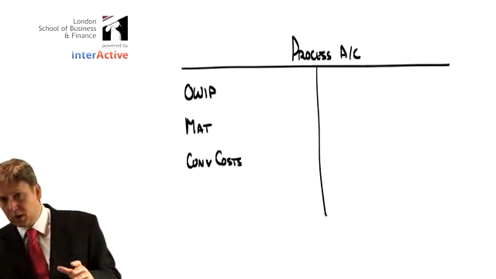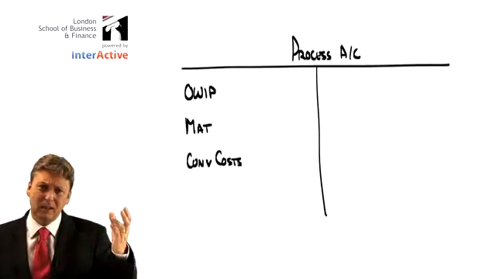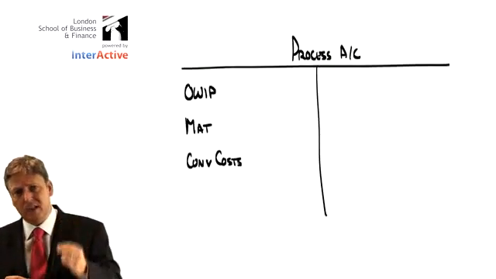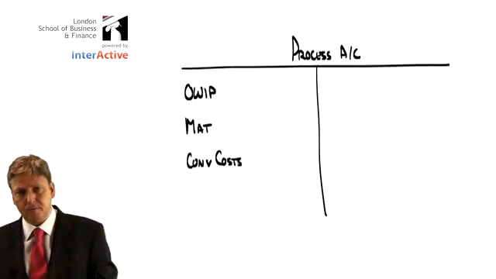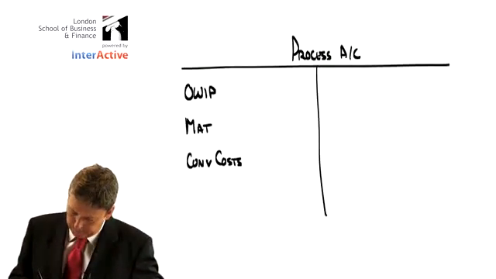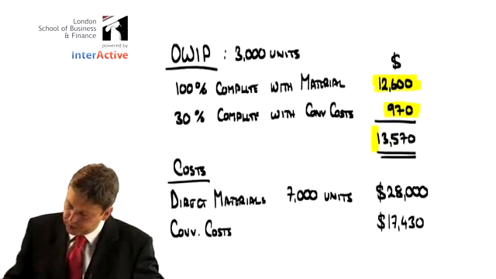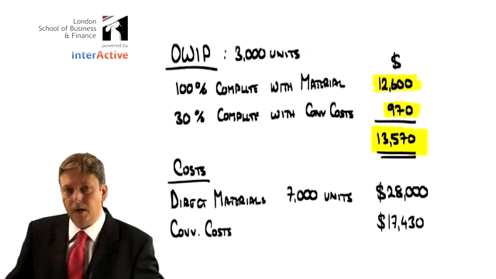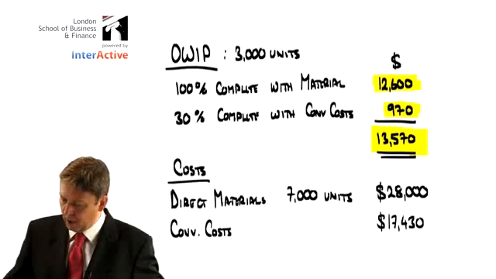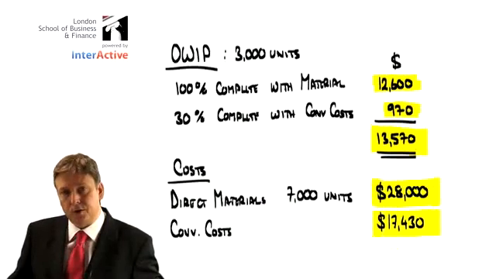I'm not going to bother because we looked at inputs and outputs of units right at the very beginning. So all I'm going to do is to consider the valuation. If you think back, our OWIP valuation we can find if we hunt hard enough. OWIP valuation was this value here, 13,570. We also have the direct material and the conversion costs.